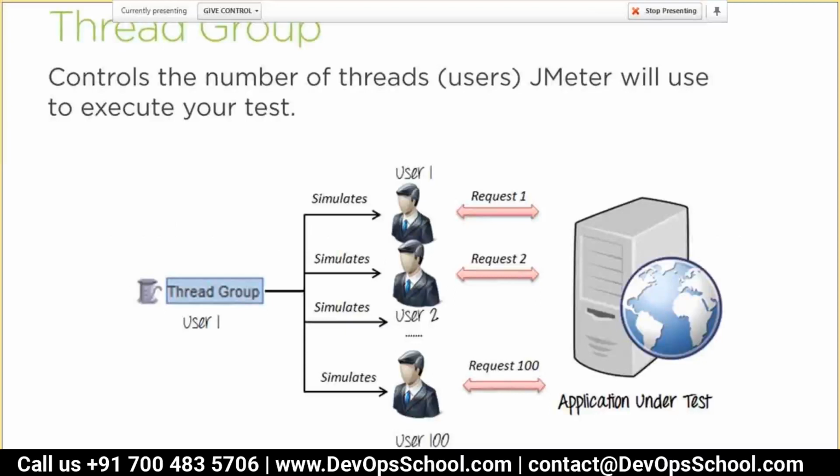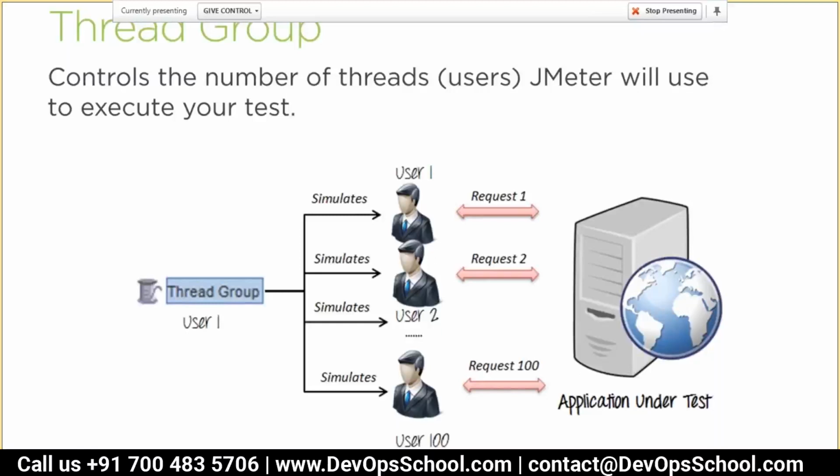Now, what is the next thing? The thread group. If you look at the thread group, it basically controls the number of threads. That means there's one application, and on top of that application you want to simulate a number of users' requests, and based on the response, you want to study the response rate.